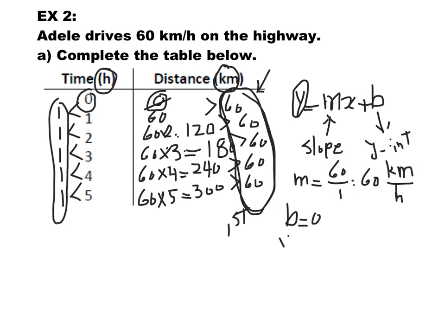So our equation becomes y is equal to 60x plus 0. Now, here we are not using y and x. Instead of y, we are using d for distance, and instead of x, we are going to use t for time. So in our case, the equation which relates distance to time is d equal to 60t.